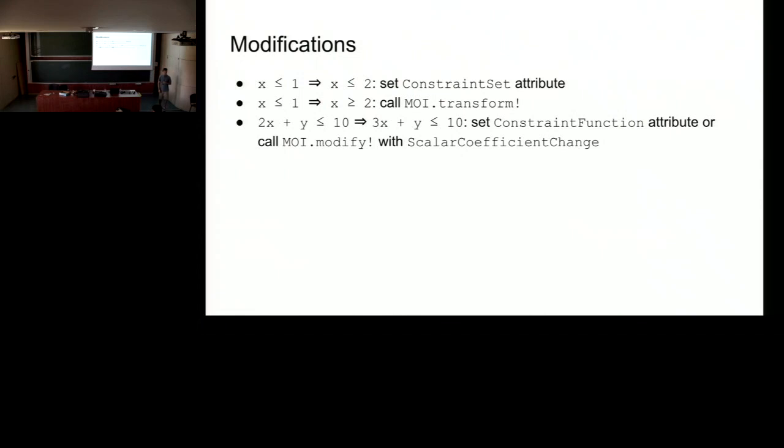So does the scalar coefficient change work on nonlinear constructions? No. These are only for MOI functions, I think for linear, affine or quadratic constraints. So if I have log of a transpose x, no. That goes through the nonlinear interface.